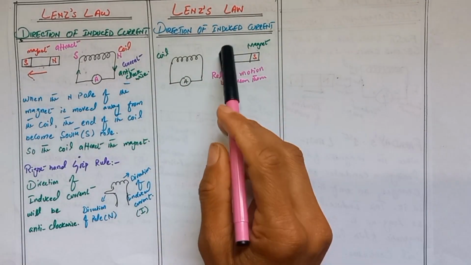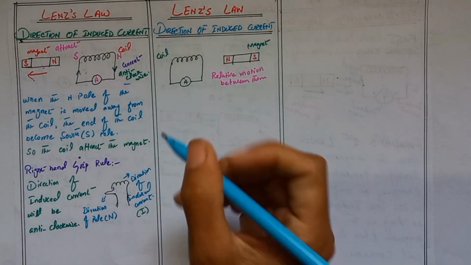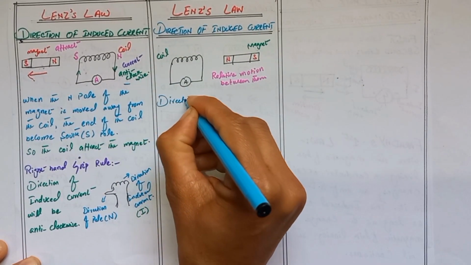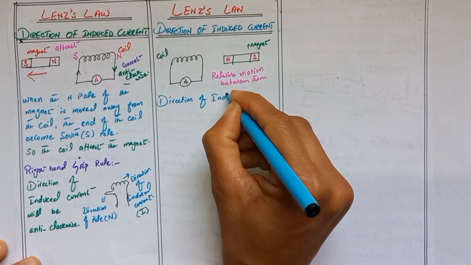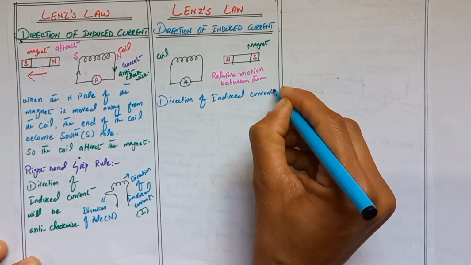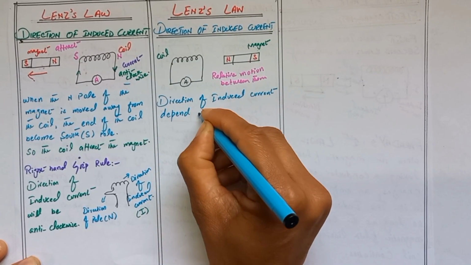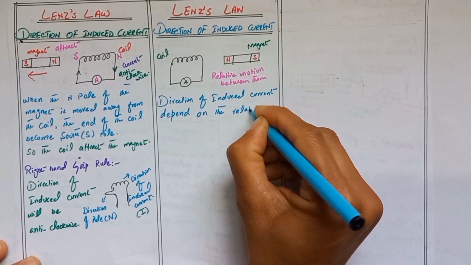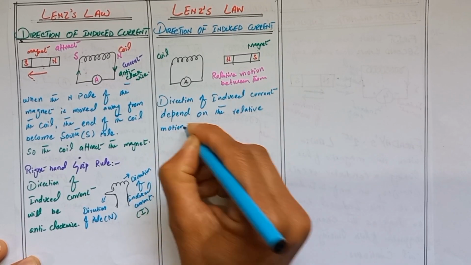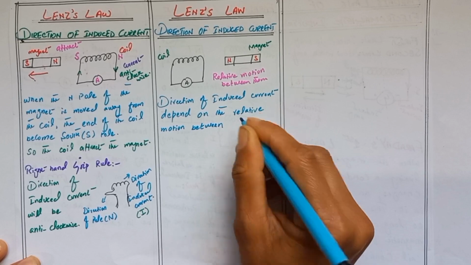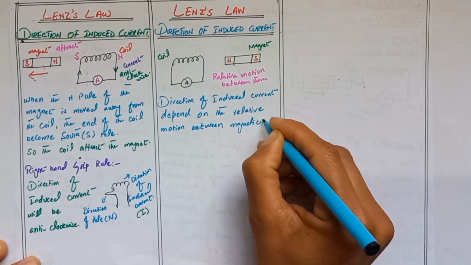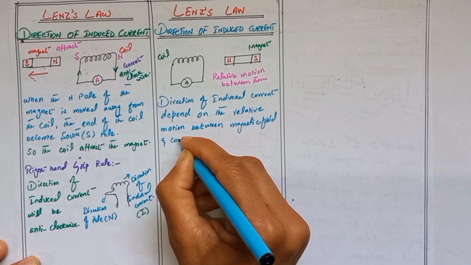So the direction of the induced current can be defined by using the Lenz law. So here we write: direction of induced current depends on the relative motion between magnetic field and coil.